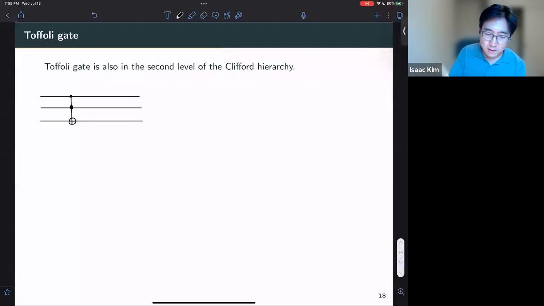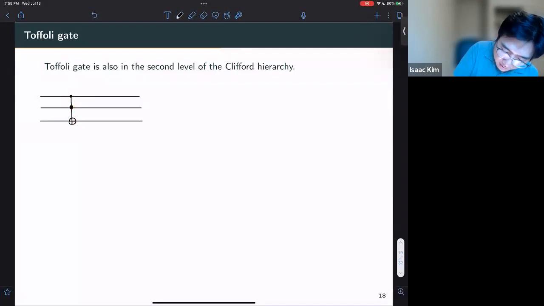What this means is that I apply this flipping operation, I apply the X operation, only if both this qubit and that qubit are in the one state.